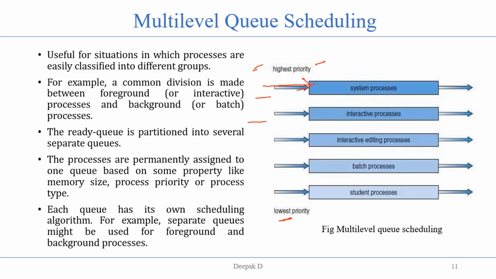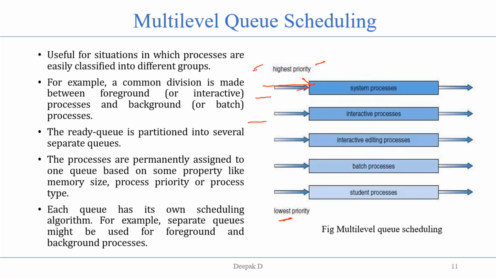In addition, you have to schedule among the queues, which is commonly implemented as fixed priority preemptive scheduling. Let's see this one.